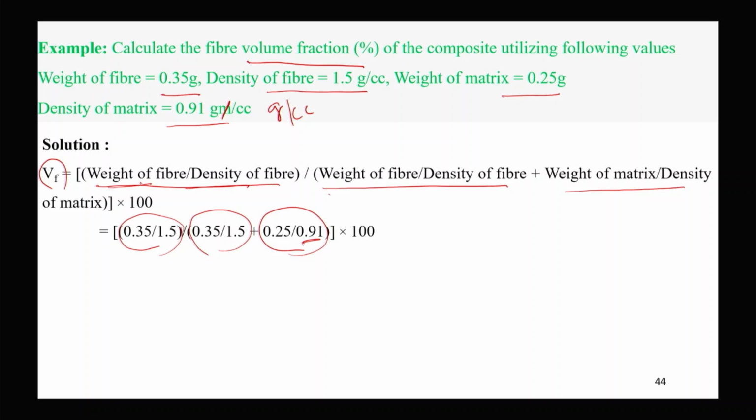So from there we get 46% is the fiber volume fraction approximately. And similarly we can calculate the matrix volume fraction.